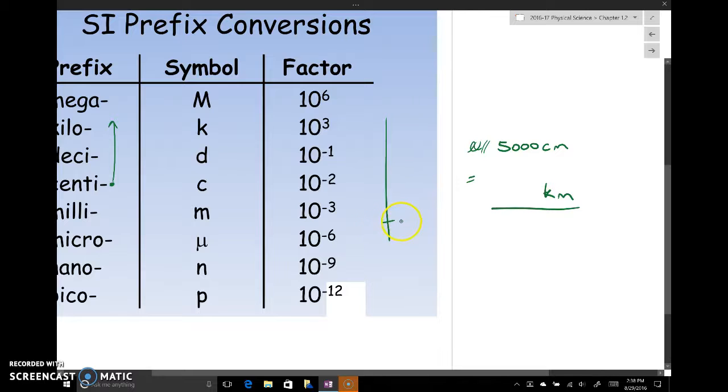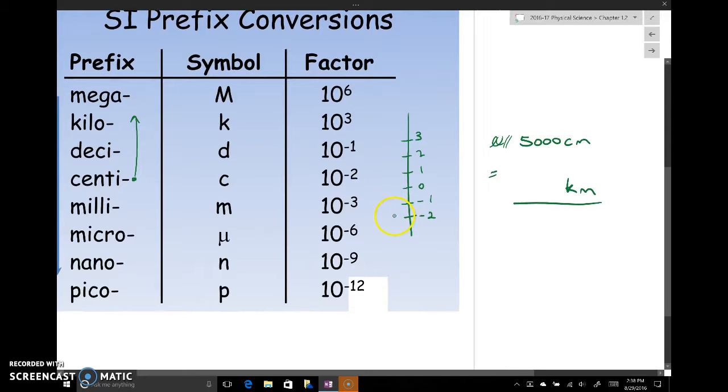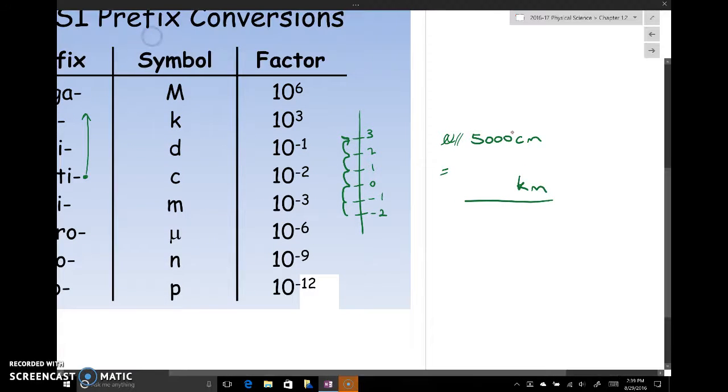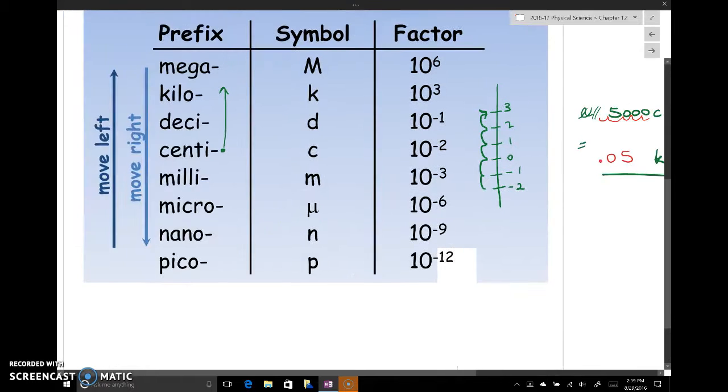So here's -2, and then we'd have -1, 0, 1, 2, and 3. This is telling us how far we need to go. We're going to move to the left 1, 2, 3, 4, 5 places, and we'll get 0.05 kilometers.